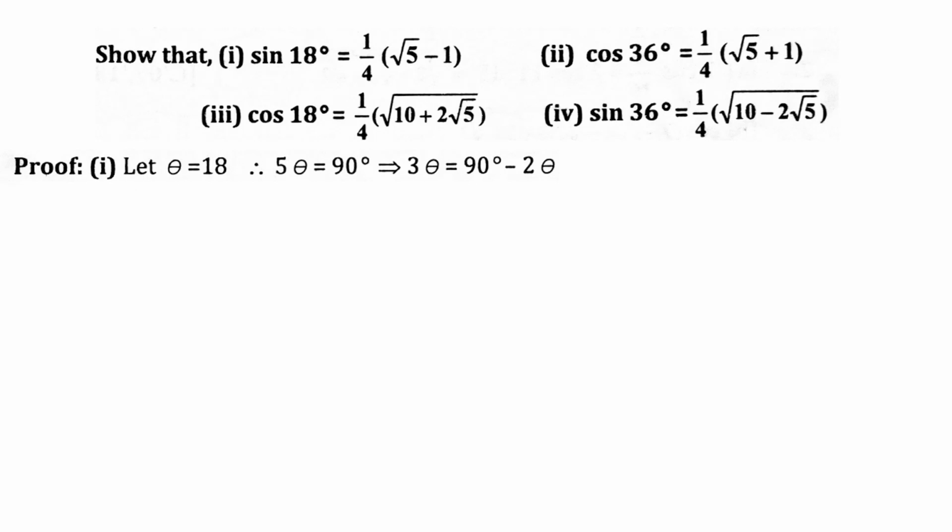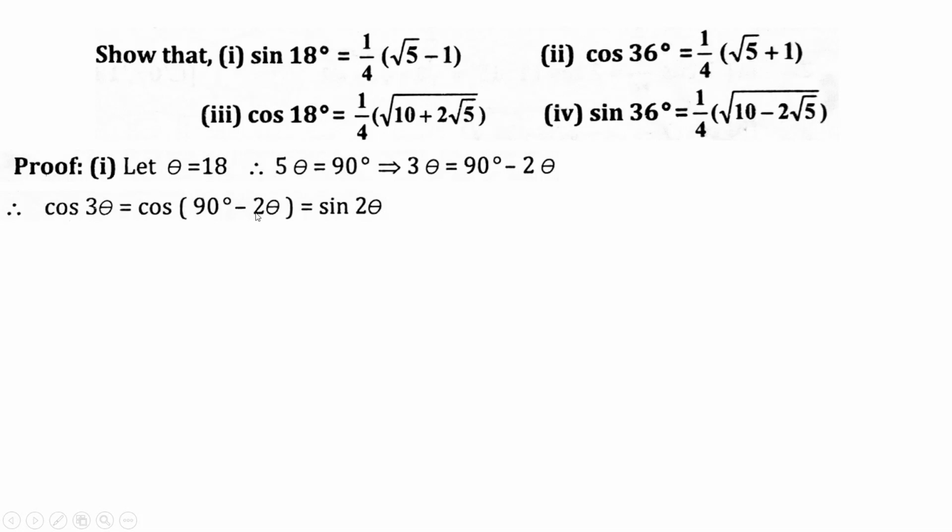Proof 1. Let theta equal to 18 degree. Therefore 5 theta equal to 5 multiply 18, that is 90 degree. Or 3 theta equal to 90 degree minus 2 theta. Now cos 3 theta equal to cos 90 degree minus 2 theta.